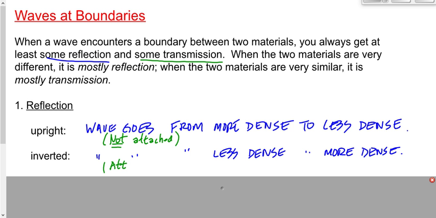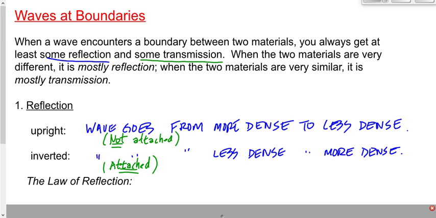And when it is going from less dense to more dense, generally speaking, the mediums are attached, like when the slinky is being held by a person. So in the first case, more dense to less dense, slinky to air, the slinky was just resting in the air. When we're going from less dense to more dense, the slinky was attached to the person, and it was reflected upside down.